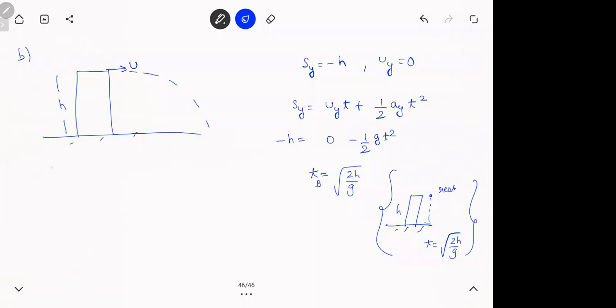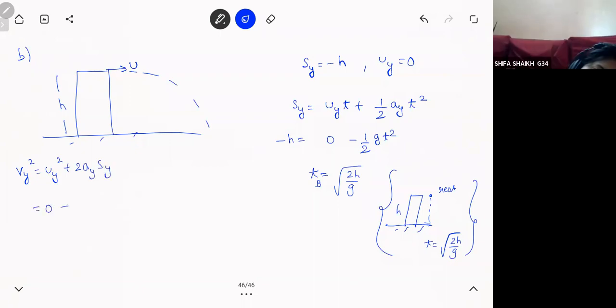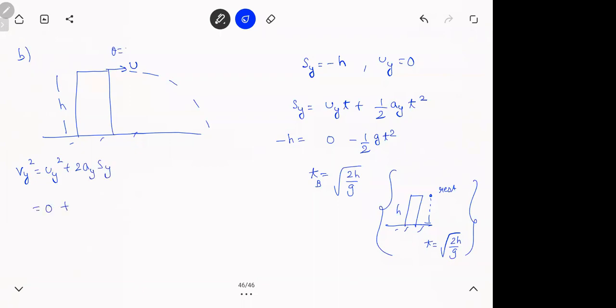So what is the next thing? Velocity. Vy square is uy square plus 2ay sy. So your theta will be 0, no? Theta is 0 here. So that's why u sine theta, uy, is 0. Ux, u cos theta, will be u. So Vy square is 2gh.